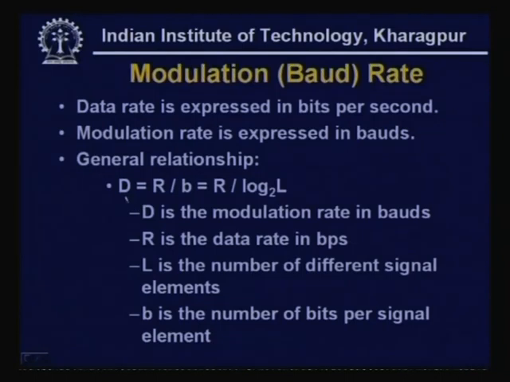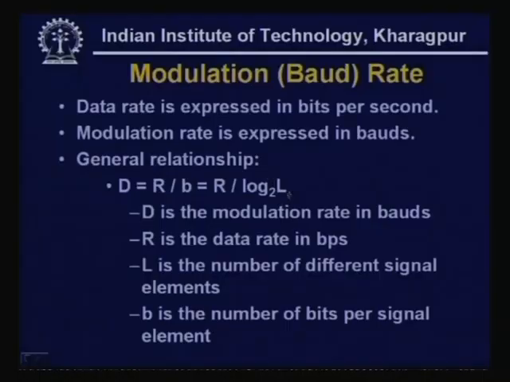The relationship between data rate and baud rate is data rate D equal to R by B, where B is the number of bits per signal element. That means a signal element can represent more than one bit, or it can have fewer bits.